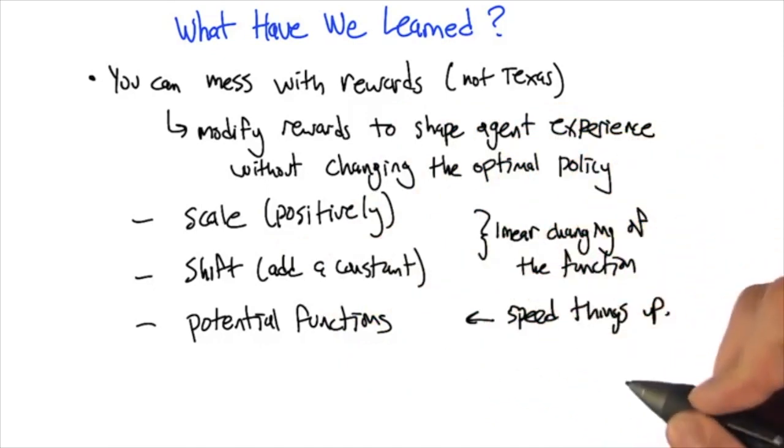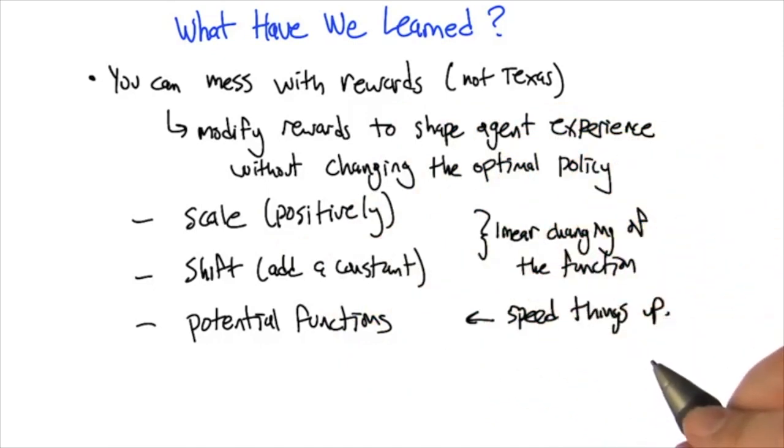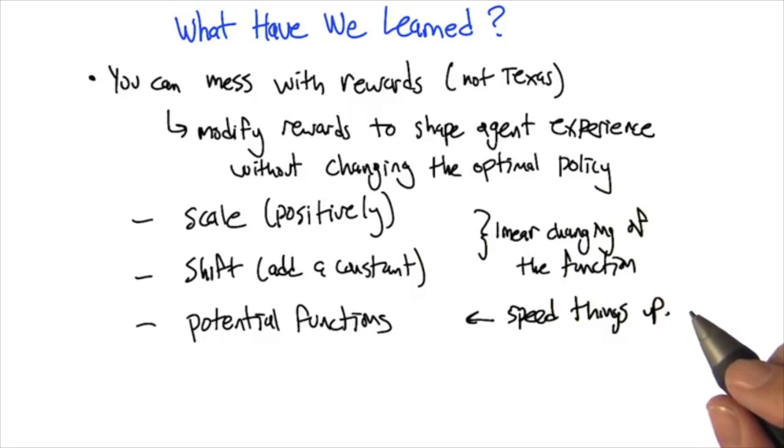So have we learned anything else? Well, I think there was a subtle thing we should have learned, which is, potential functions can help speed things up, but we got to potential functions by just talking about shaping rewards, by trying to change them in a way that captured the parts of the space that were better than others. This is kind of pre-potential functions.